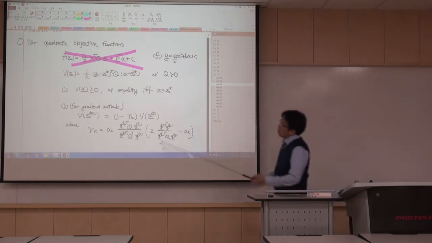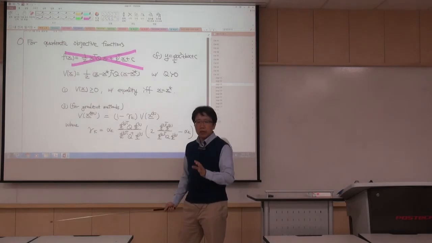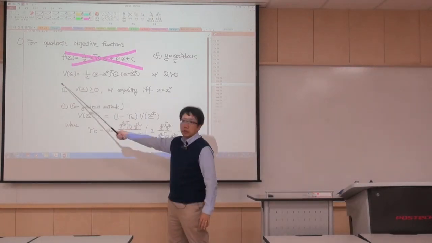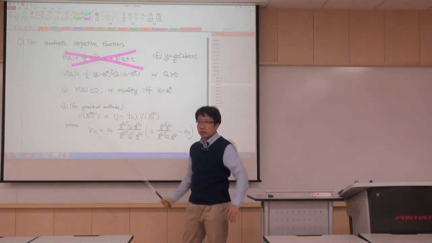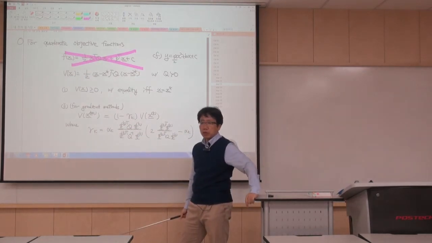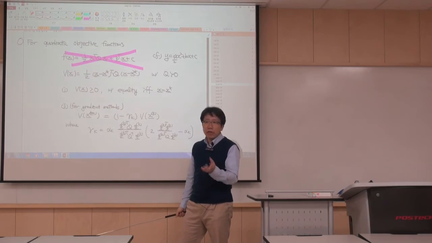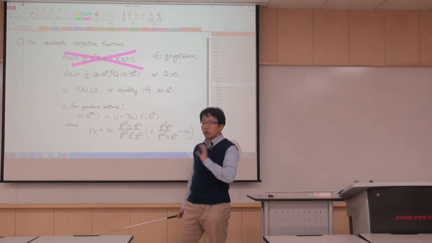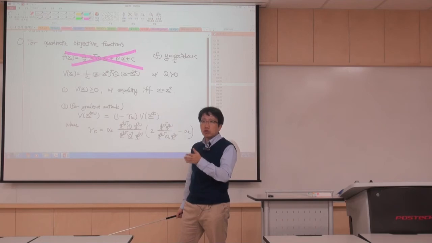So suppose we apply any gradient method to this objective function. So we don't know what our alpha sub k is because we said general gradient algorithm. But we have our search direction is minus g sub k.